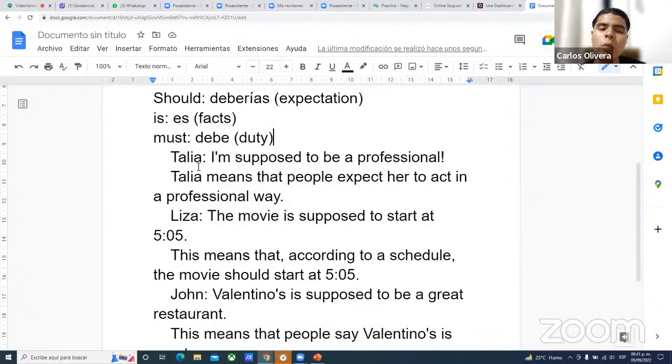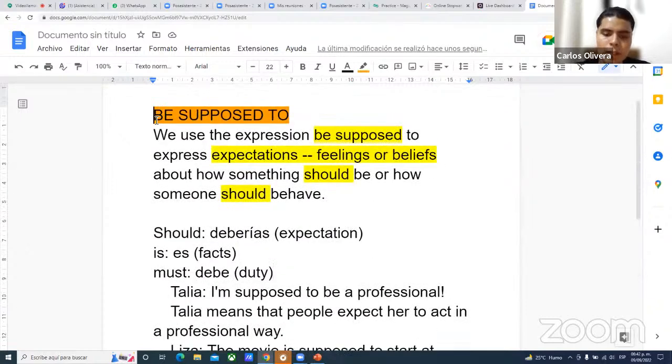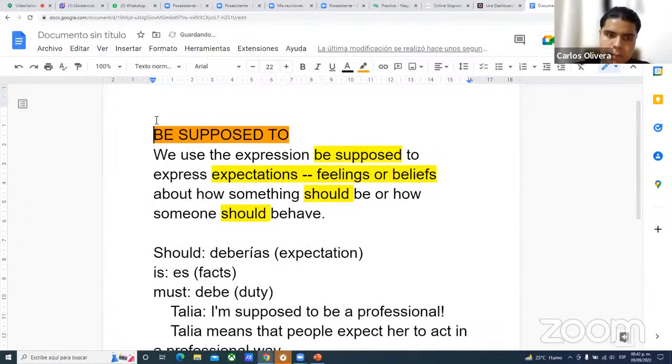By the way, suppose is the same word we use in Spanish; it comes from Latin and means suponer. Suppose means suponer.